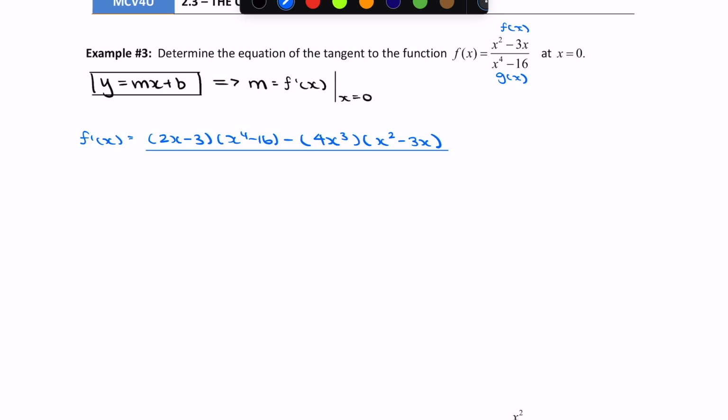And this is all over g of x squared, x to the power 4 minus 16 squared. And so here in this situation, because we know that x is equal to 0, we do not need to simplify the derivative.